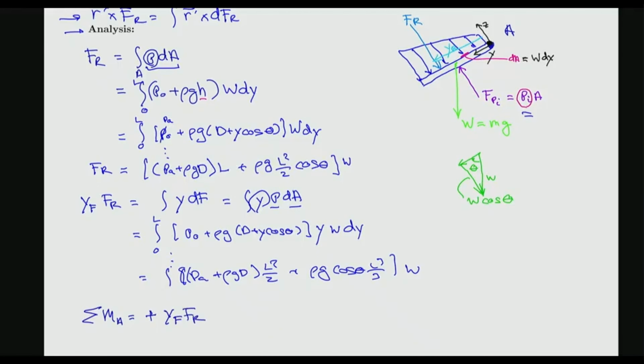Right-hand rule will be L over 2 times the W cos theta for the moment associated with the weight. And then the opposite sense, so we have a negative, and again an L over 2 is the moment arm for the force associated with the pressure, F_Pi, which we said was just uniform pressure P_I times the area, which is L times W, right?